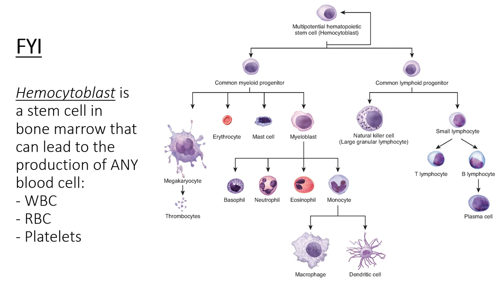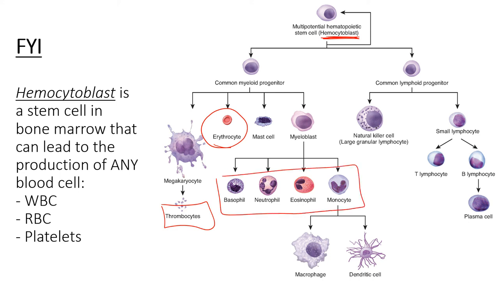And this just kind of shows all of the different things that a hemocytoblast can lead to the production of. So here's your hemocytoblast up here. And again, yes, it can form a red blood cell, which is the pathway that we're looking at, because that hemocytoblast is exposed to EPO. Now, it could form your thrombocytes, it could form your white blood cells, right?